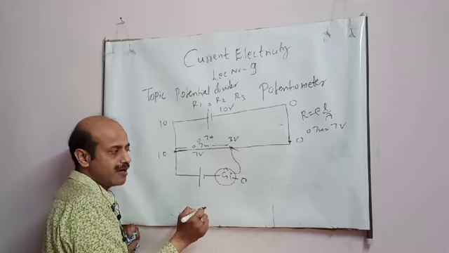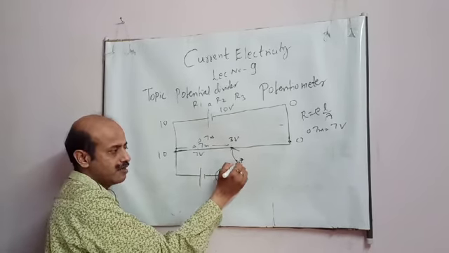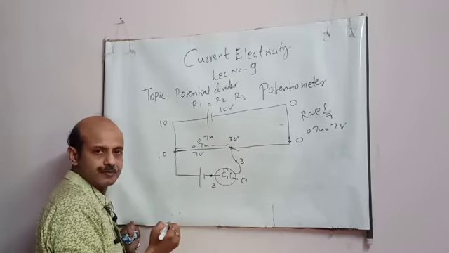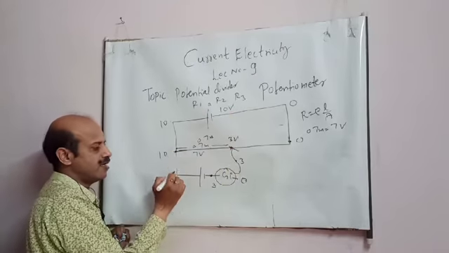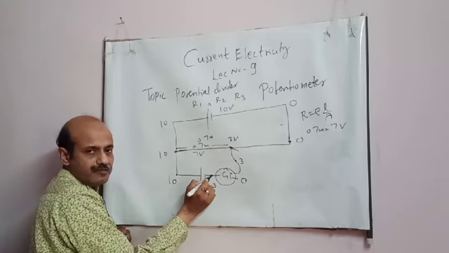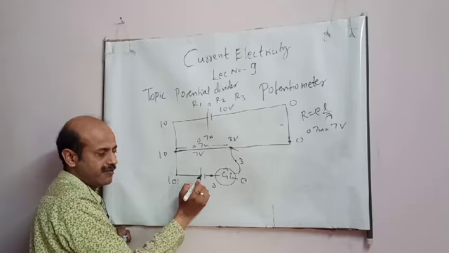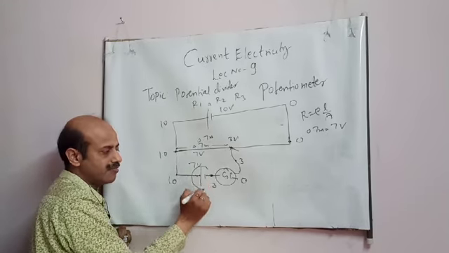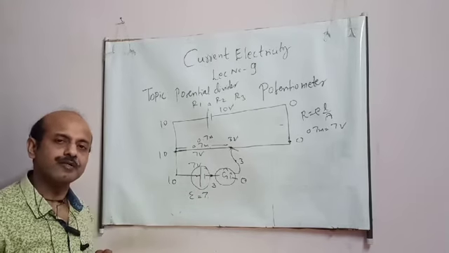So 0 means the potential difference across the galvanometer is 0. So here it is 3, here also 3 should be there. By nodal analysis, this I have considered 0, this is 10, this is also 10. So here the potential is 10, here it is 3. This is the null deflection I am talking about. This means the potential difference across the battery is 7, which means the EMF of this battery is 7. This is the meaning.